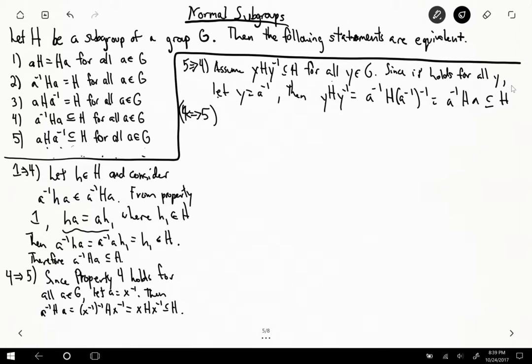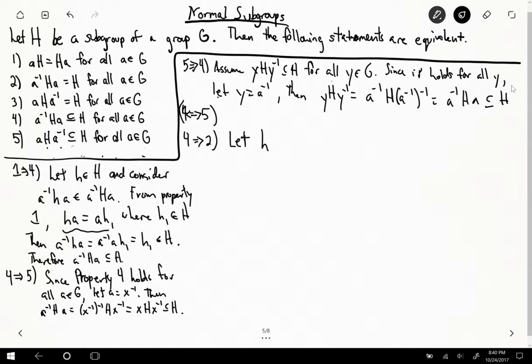So now moving forward from here, where do we go? Well, 4 implies 2 would be pretty easy. We have this A inverse H A is contained in H for all A in G, and we want to show the other way. So let's say we have that containment.